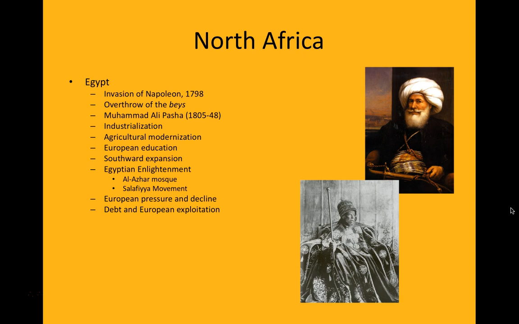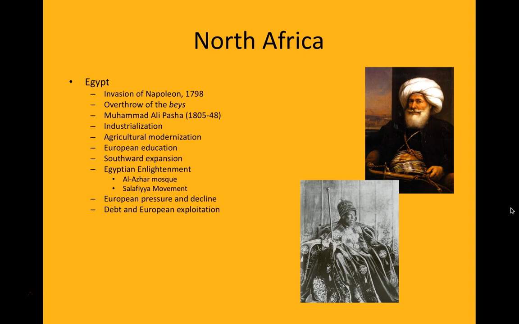So the other problem, and the thing that ultimately led to the failure of these programs of Muhammad Ali Pasha, was that he had to take out massive loans from European governments and European banks to try to float the industrialization projects. And when the Egyptians reached a point that the debt was just so great, they had to give in to European demands. Now, this didn't necessarily happen under Muhammad Ali Pasha, though by the end of his life in 1848, it was pretty obvious, probably even to him, that this had not gone as well as he desired.